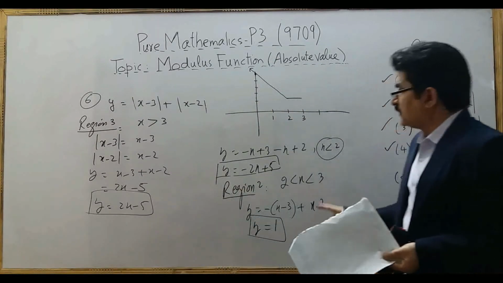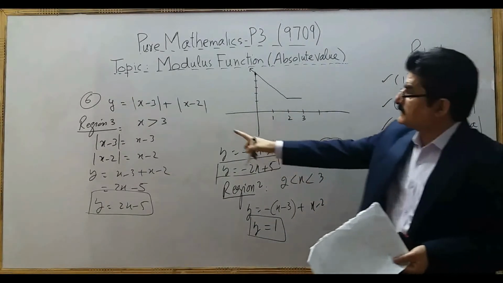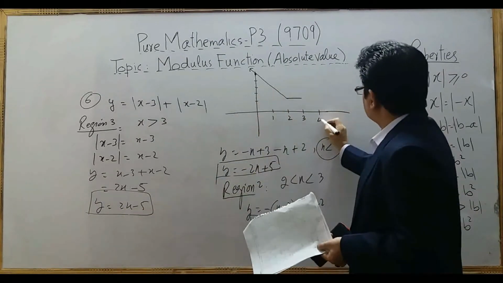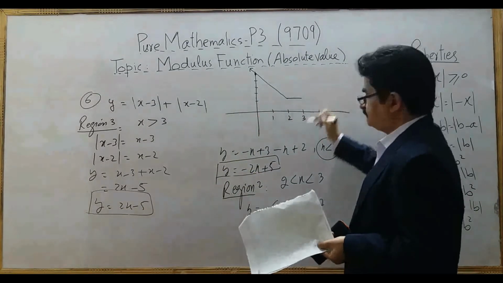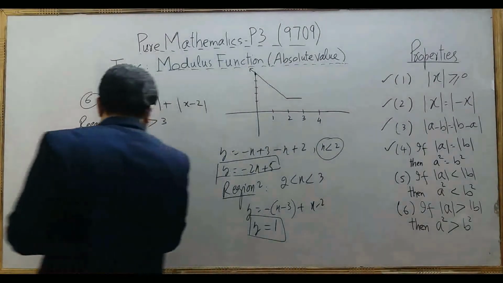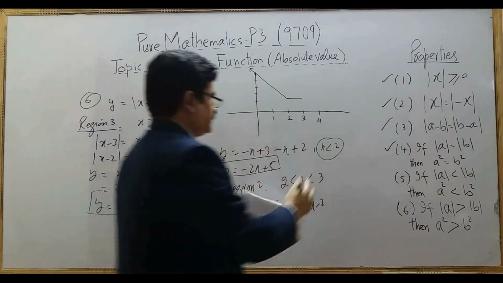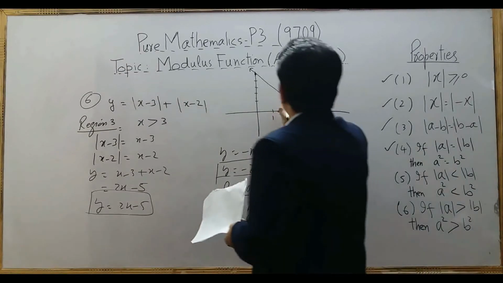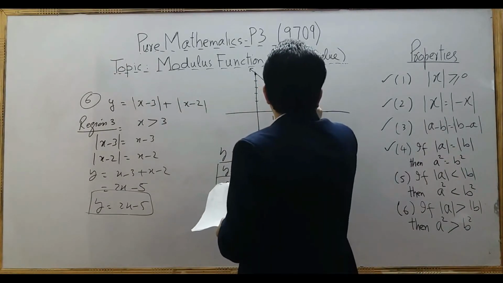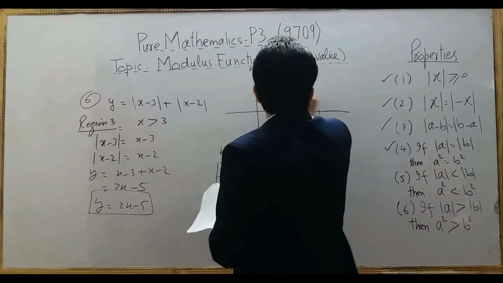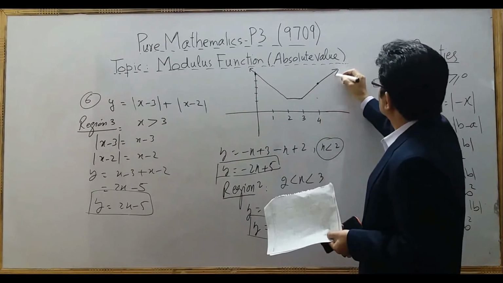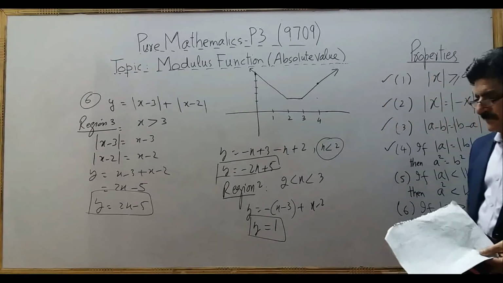And for x greater than 3, you have this function. If you put 4, you will get 3. So at 4 it is 3. So this is 1, 2 and 3 like this. This is the graph of this function.